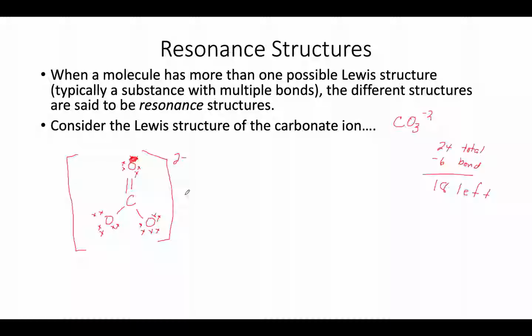So a resonance structure is nothing more than saying, well, it would be certainly equivalent to put the double bond to one of the other oxygen atoms, which it is. And I'm not going to take the time to draw in all the lone pairs because it will take too long.